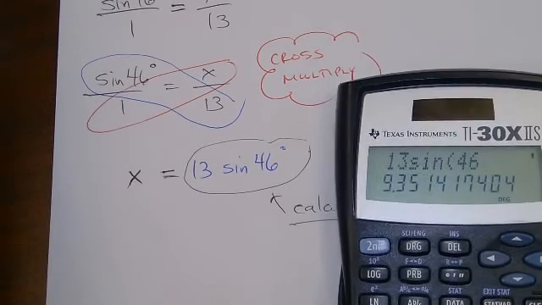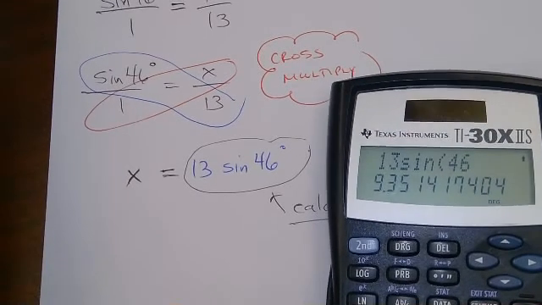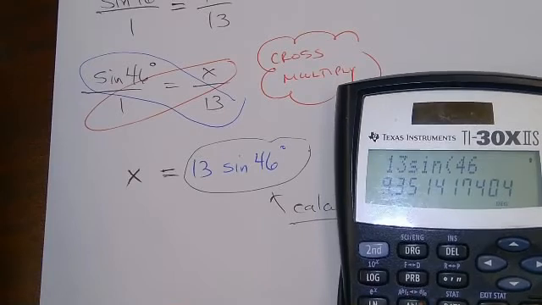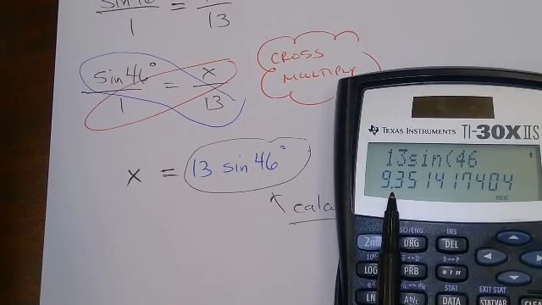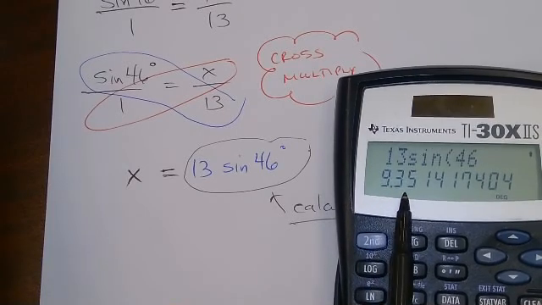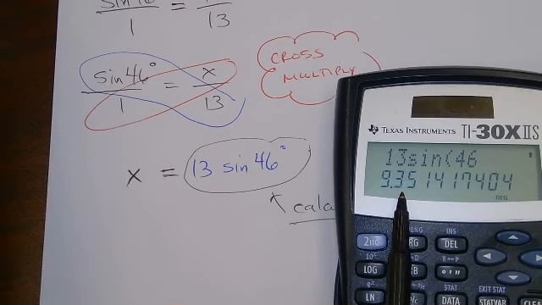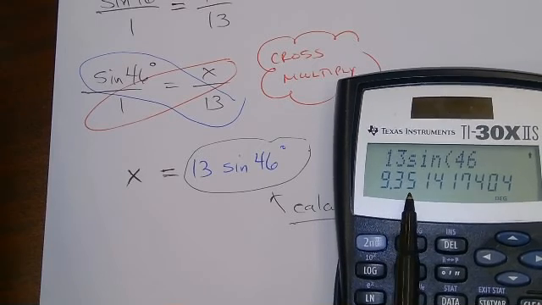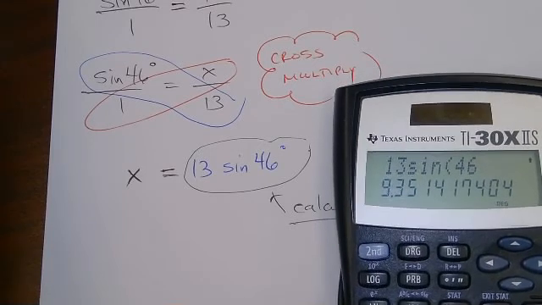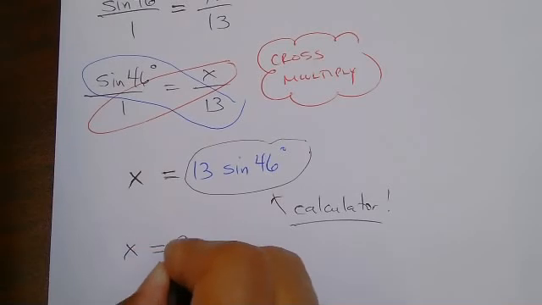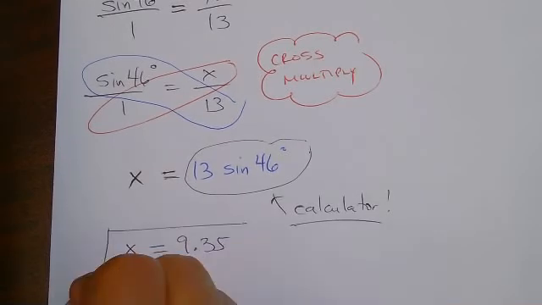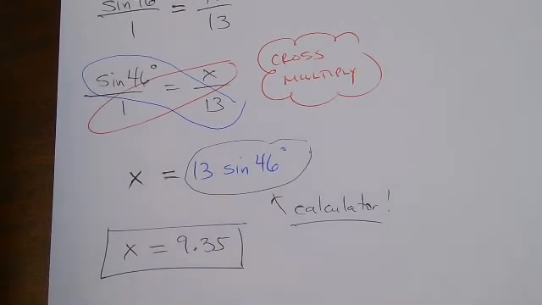I got this. Is that what you guys are getting? Now we're not going to write all these numbers, so let's round off a little bit. Let's make it look like money. This is like $9 and how much? Like $9.35, right? Yeah, I know there's more to it, but let's just leave it like that. X is 9.35.